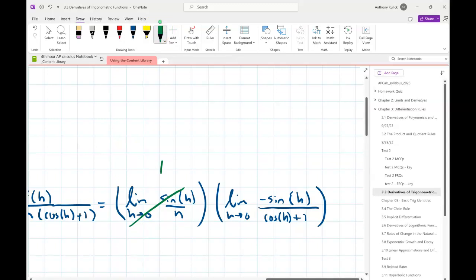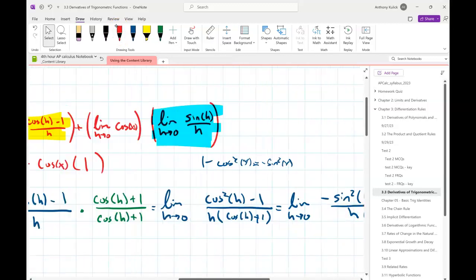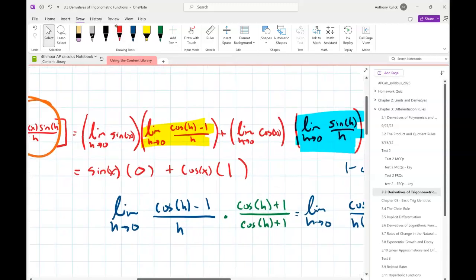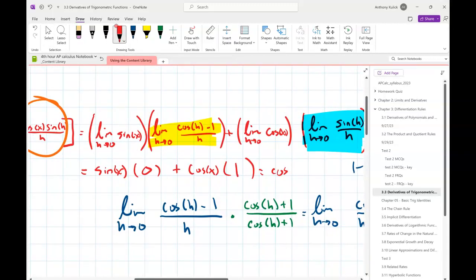And over here we can do a direct substitution, right? What's sine of 0? 0. And cosine of 0? 1. So I have 1 times 0 over 2. What's that all equal out to? 0. Yes! That's what we needed it to have happen. So we get cosine and we're done.